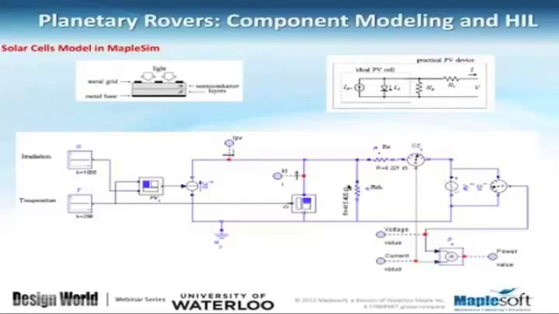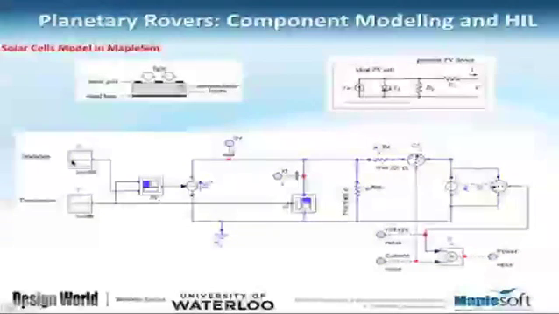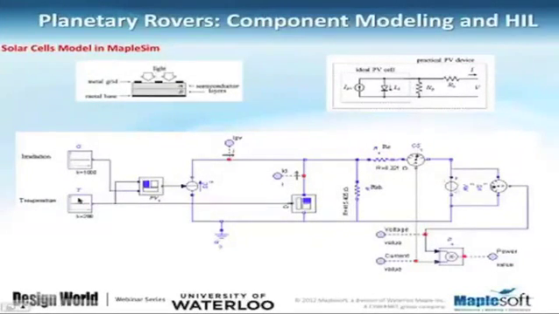From the left-hand side, we are taking the information of the irradiation from the previous model. We also feed the temperature, and then we use this block that is the constitutive equation of the solar cell, and that is generating current. That current is in fact the source of current that you can see in this electrical model of the solar panel.